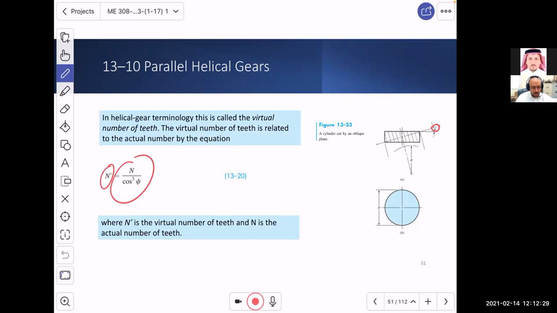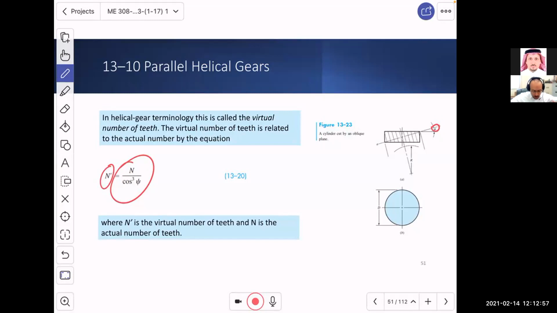I know you may not fully appreciate why this is. I also tried to find a reasoning for it. There is a lot about gearing, but in my understanding, this kind of analogy, this virtual gearing, is more or less an approximation.